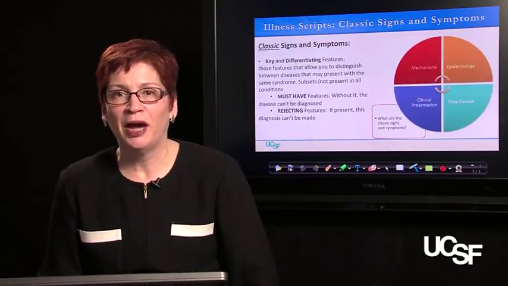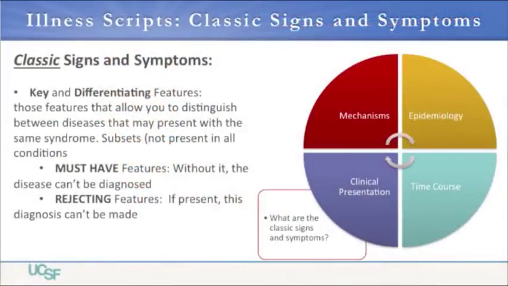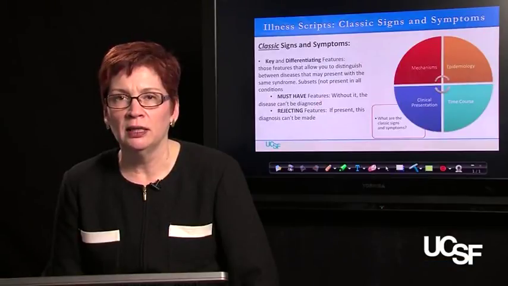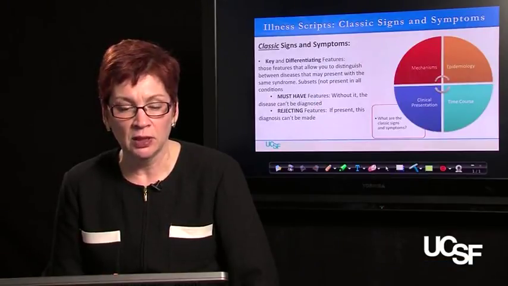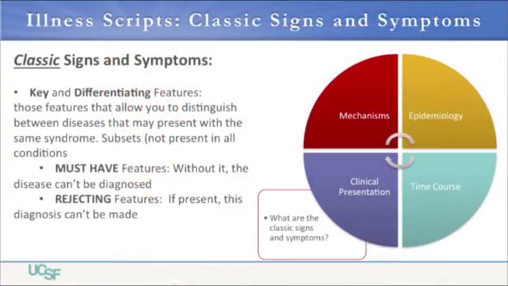The third category is perhaps the most interesting and the most complex, and that is the classic signs and symptoms associated with this disease. Now, remember we talked in our schematic of the expert's brain and the interlocking Venn diagram symbol that we used in the last part about key and differentiating features. Key and differentiating features are features of a particular illness that allow you to distinguish between diseases that may present with the same syndrome.